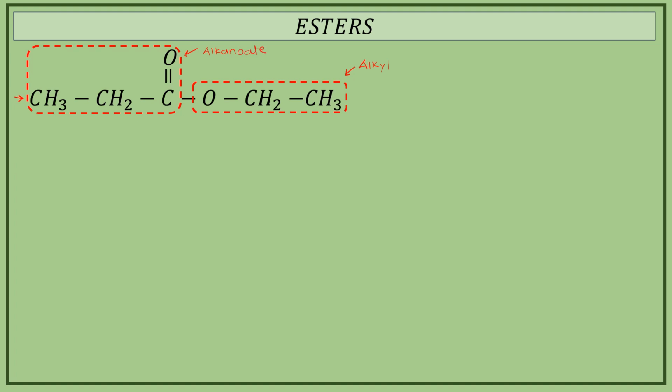So the entire name will be alkyl alkanoate. There are two carbon atoms, so its name will be ethyl. There are three carbon atoms in the carbon chain that is linked to the carbonyl group, so its name will be propane, and for ester we will add oate, so the entire name will be ethyl propanoate.